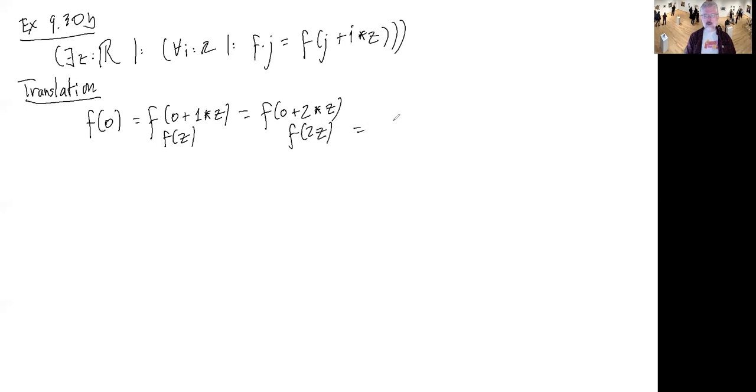And in fact, it's equal to f of 3z and 4z and et cetera forever. So f is the same at 0, z, 2z, 3z, 4z. That's implied by this.